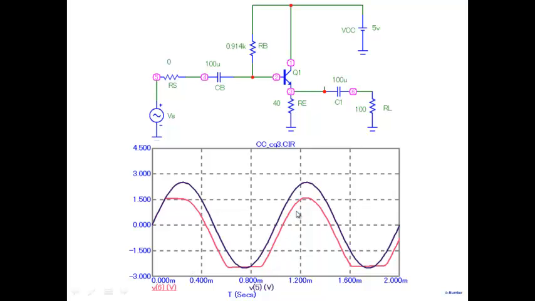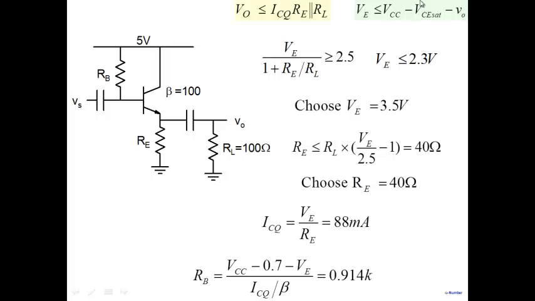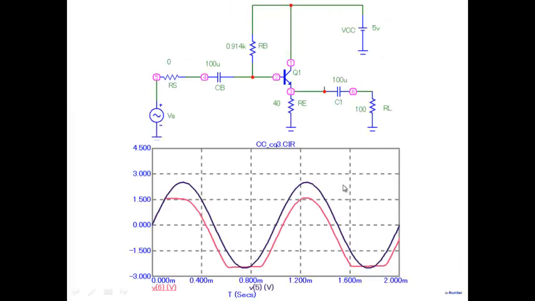On the positive side we were thinking that because we were violating this particular constraint that comes from saturation, we'll have clipping, while on the negative side the transistor has enough current and therefore it should have allowed a proper sinusoid, but the results are actually opposite.